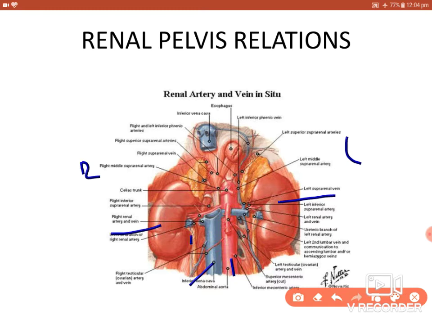Here is the pelvis of the ureter. Anterior to the renal pelvis there is the renal vein; this is the renal vein and this is the renal artery. They lie anteriorly. Posteriorly, this muscle is the psoas major.